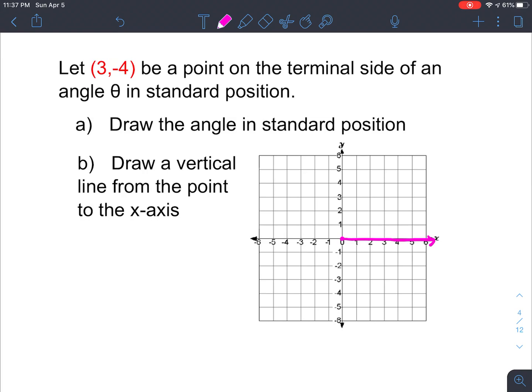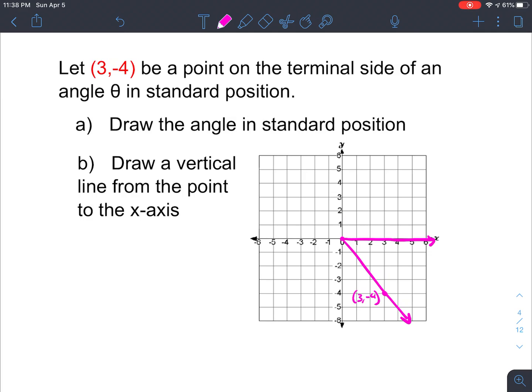So in this case, we need this to be going through the point 3, comma, negative 4. Okay, so that is the angle that we would have in standard position.